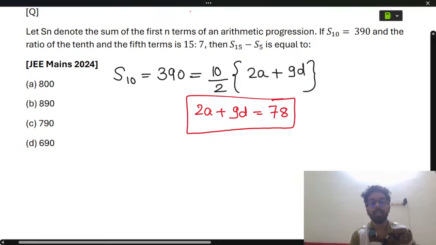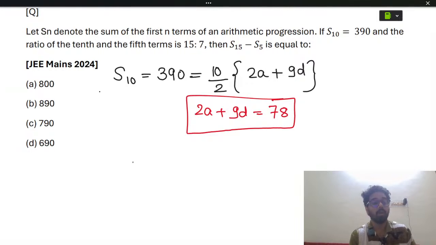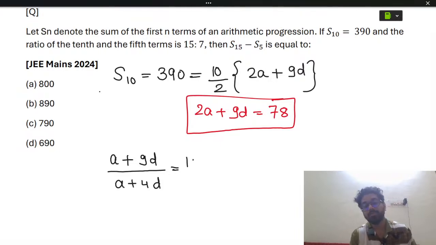Alright, now similarly we will solve the next part: the ratio of the 10th and 5th term is 15:7. What is the ratio of the 10th and 15th term? So that means you have to get the 10th and 15th term. What is the 10th term? a plus 9d, and the 5th term is a plus (5 minus 1), 4d, is equal to 15 by 7.